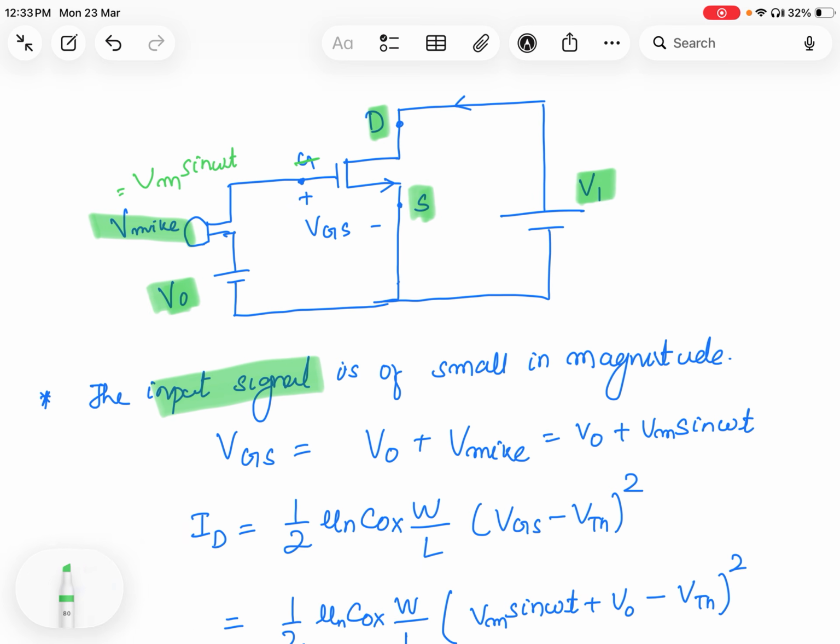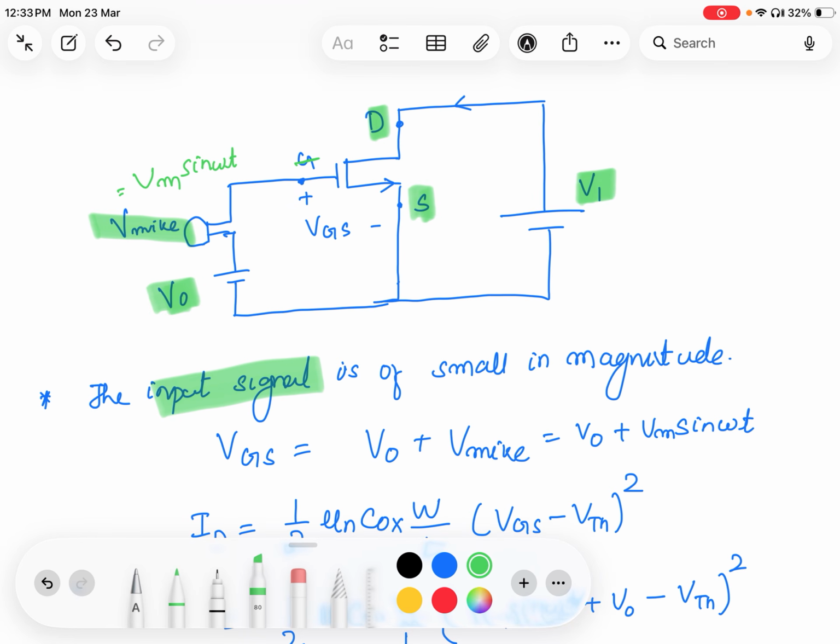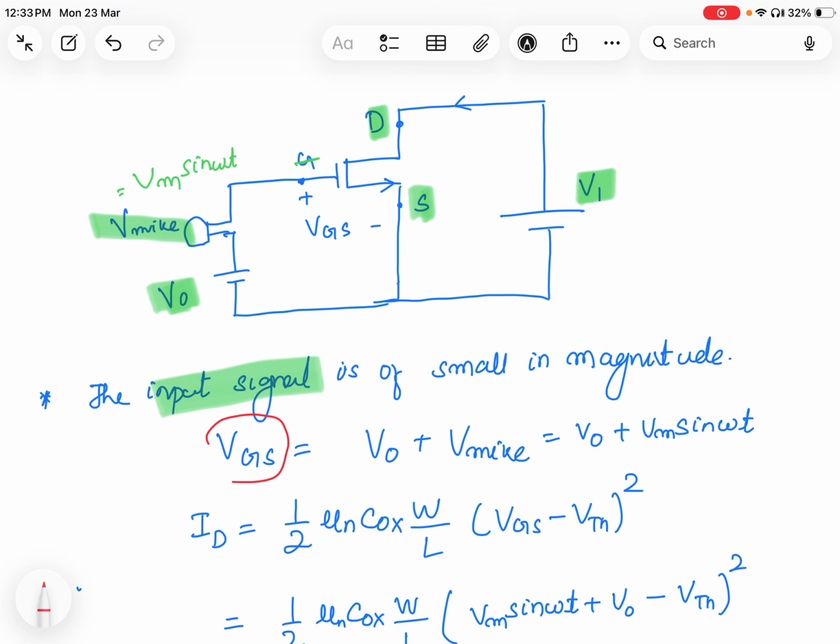So VGS is nothing but V0 plus Vm sin omega t. If I apply KVL, we get VGS equal to V0 plus Vm sin omega t.